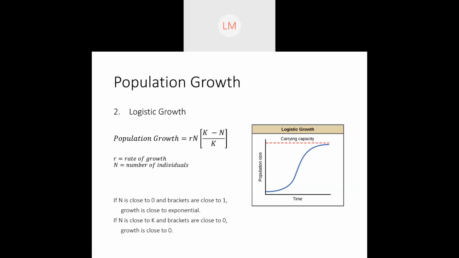So as we are really close to carrying capacity, our population growth tends towards 0 growth. We can't hold very many more organisms in the environment, so our population growth is going to be basically 0, right? So it's going to be important for us to know how to manipulate these equations depending on how many individuals are in our population.